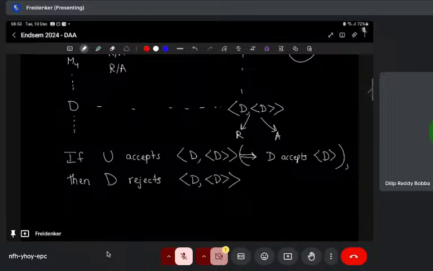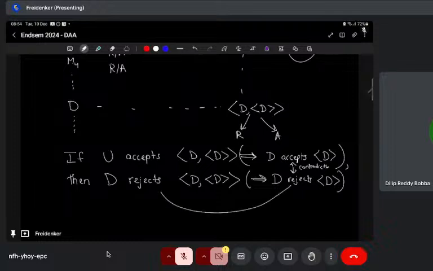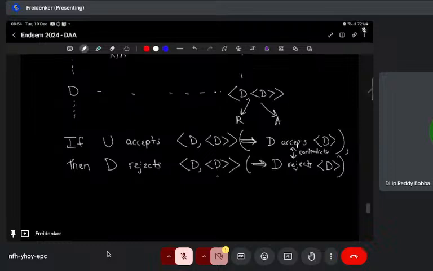Let me think. The first idea that's coming to my mind is if D rejects D comma description of D, that would mean D is not accepting this one, and this is a contradiction, right? But I'm just trying to check this one. Is this implication valid? If D rejects D comma description of D, does it mean D rejects description of D?